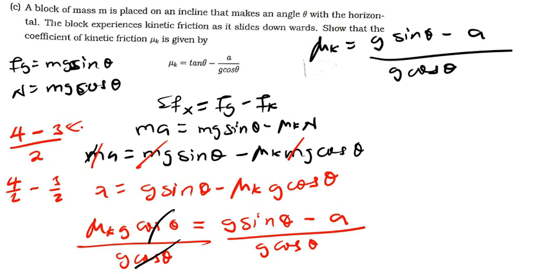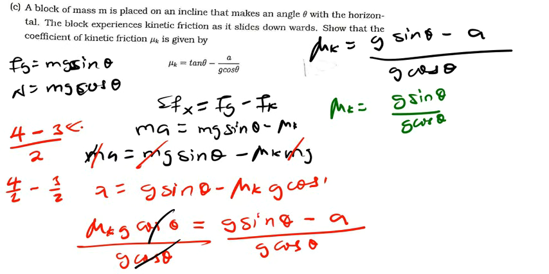So this is the same concept that I'm going to use here, meaning that this mu k is given by g sine theta divided by g cos theta, then minus a divided by g cos theta.